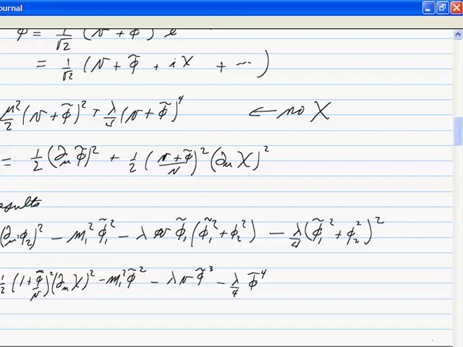But the oddball pieces here are that by changing the names, I've generated a whole new different set of interactions. I used to have these two pieces as my interaction terms. Now there's none of that. The only thing sitting here is this phi over v.